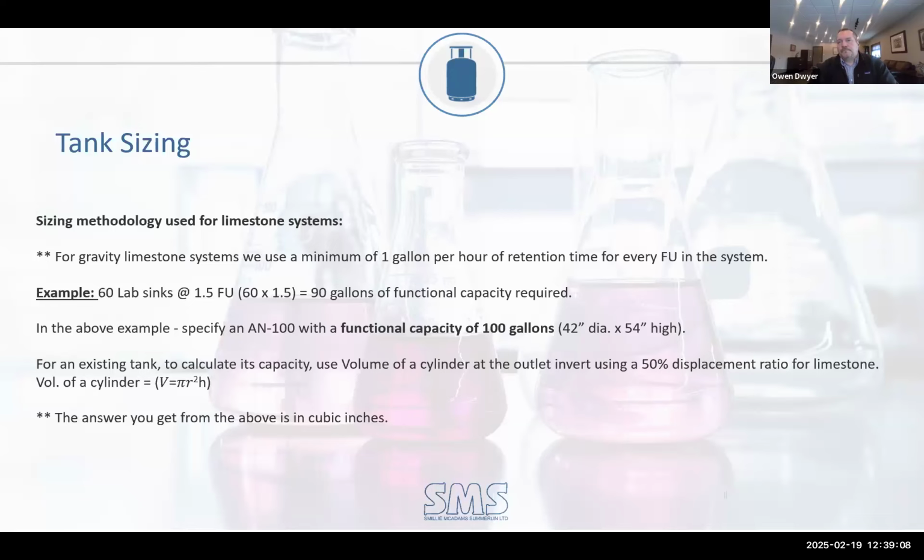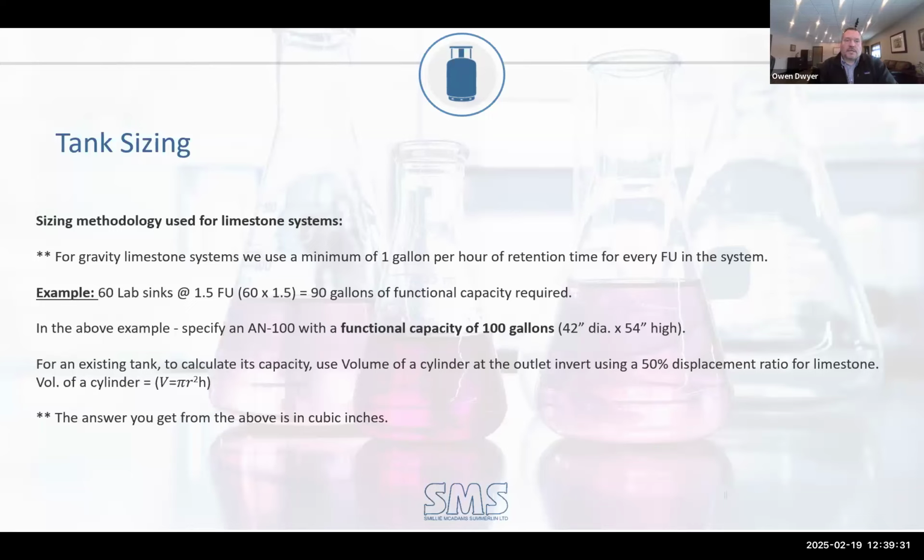So it is one of those easy overlooks where you think you're specifying an AN100 or an equivalent from another manufacturer's 100-gallon version, but you're actually specifying a 50-gallon functional capacity from some manufacturers because their nomenclature is slightly different. Exactly, and that's why it's a good thing to double check.